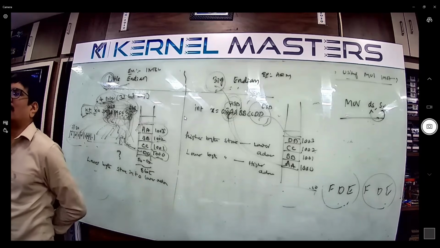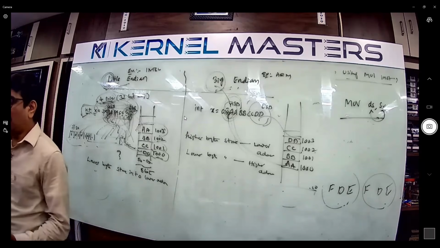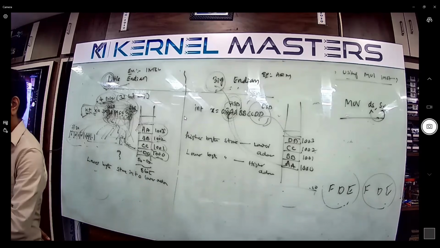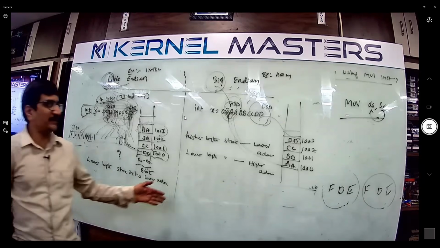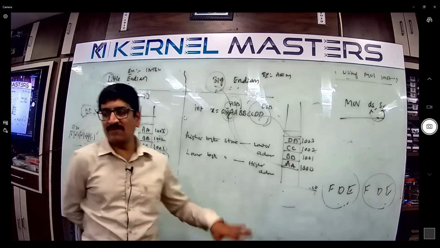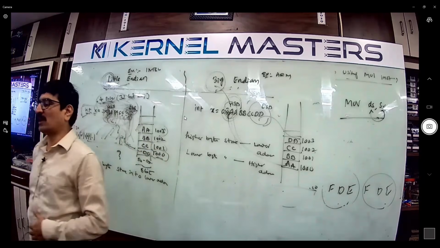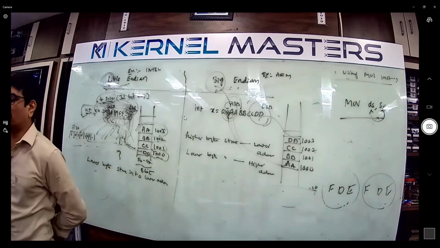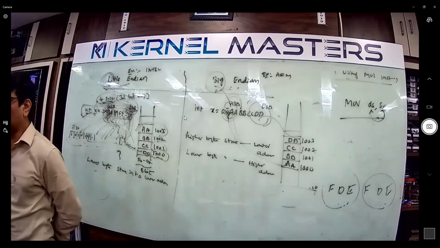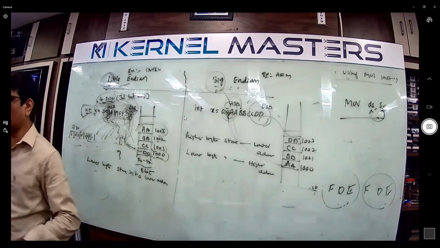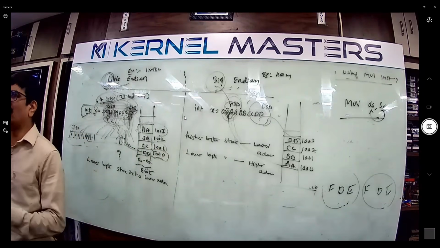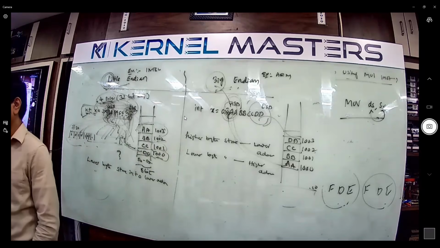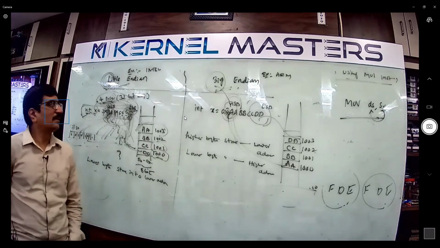That is because manufacturers follow it, it is not in our hands. Nowadays the latest ARM 64-bit architectures support both LE and BE to avoid this problem. You can support both types of compatibility, but we need to change a small bit in the hardware. Okay, thank you.